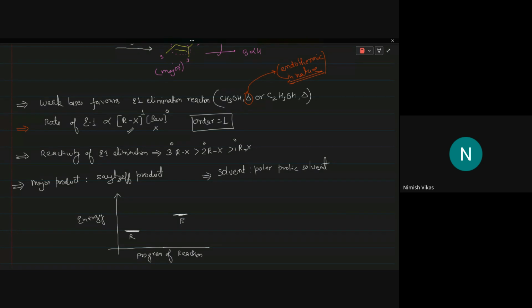That is why I said every elimination is endothermic in nature. So the reactant is at lower energy and the product is at higher energy. The reaction proceeds in this particular way, like this. This is the intermediate carbocation, this is transition state 1, and this is transition state 2. You can keep on noting this.